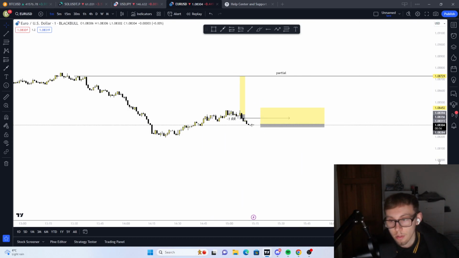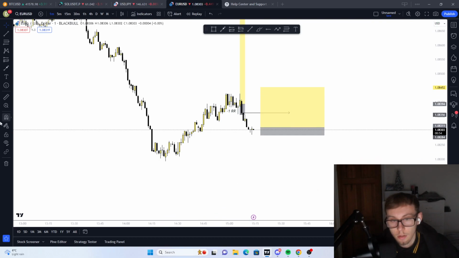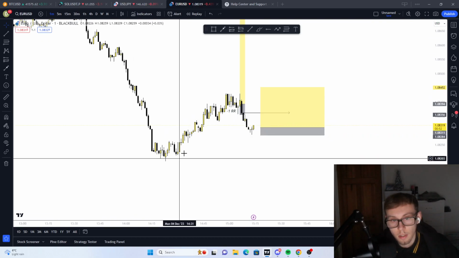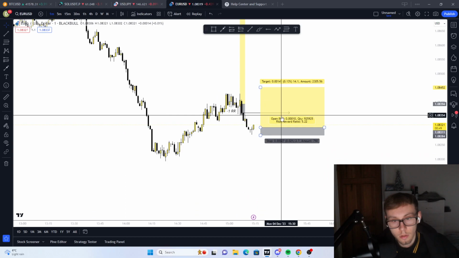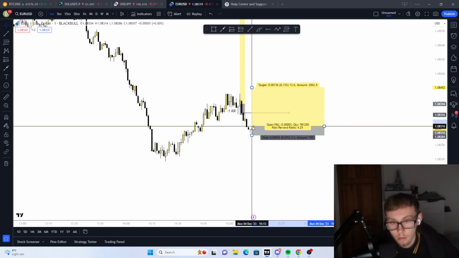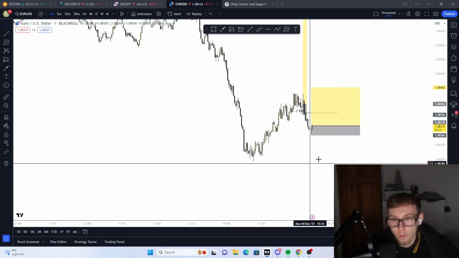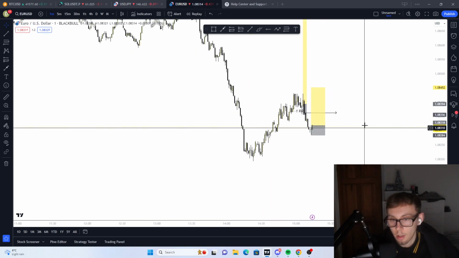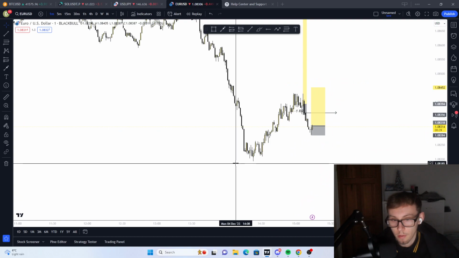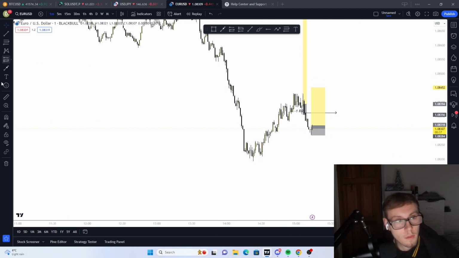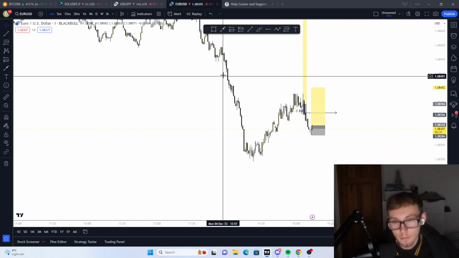This does look like redistribution, taking highs and highs after this breakdown, definitely makes sense. Don't get me wrong. But yeah, we would have entered here. This would have been our buy. And if we do lose this, I think it's just our bias is wrong. So if we lose this, then it is probably going to come and take this low. That makes sense. That's probably how I'd see it.